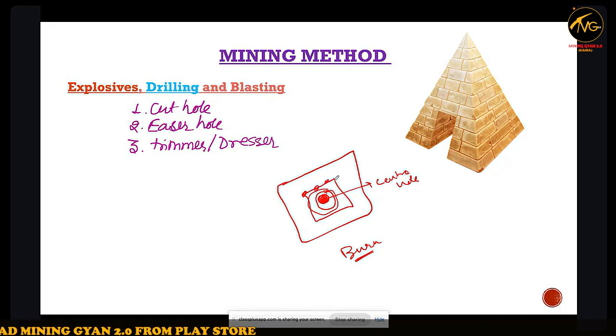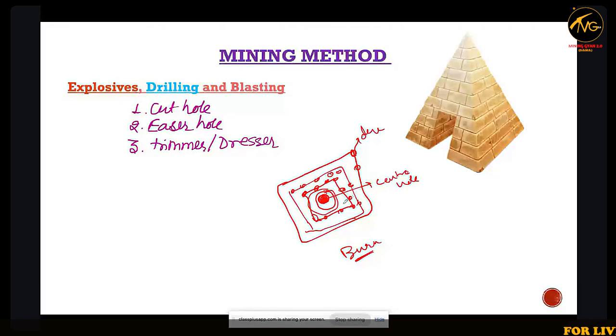These are the holes. Then the second ring, it also has holes. And third rings. These holes are called dressers. These holes are called easers.